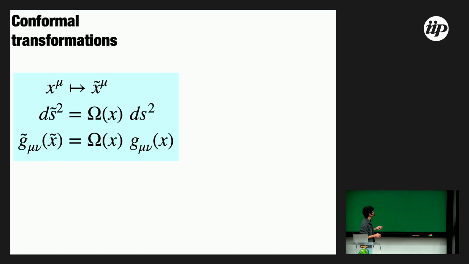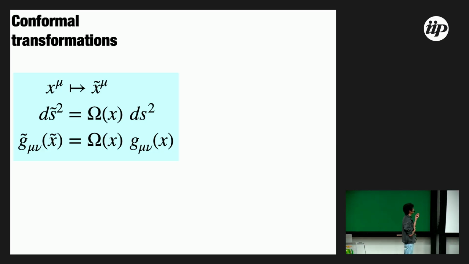What is conformal symmetry and conformal field theories? Conformal transformations are a generalization of the ordinary Lorentz transformations. So you have space with coordinates x, and you can measure distances ds squared. This is the Pythagoras theorem.